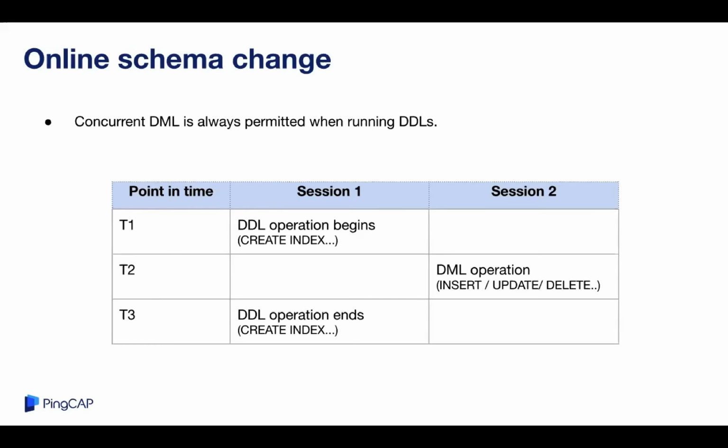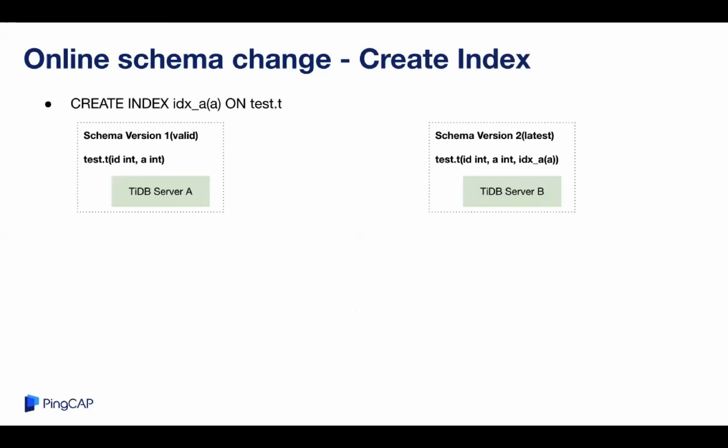During the execution of this DDL, session 2 manipulates the data on the same table, for example insert, update, delete, and those operations will not be blocked. However, this is not simple.